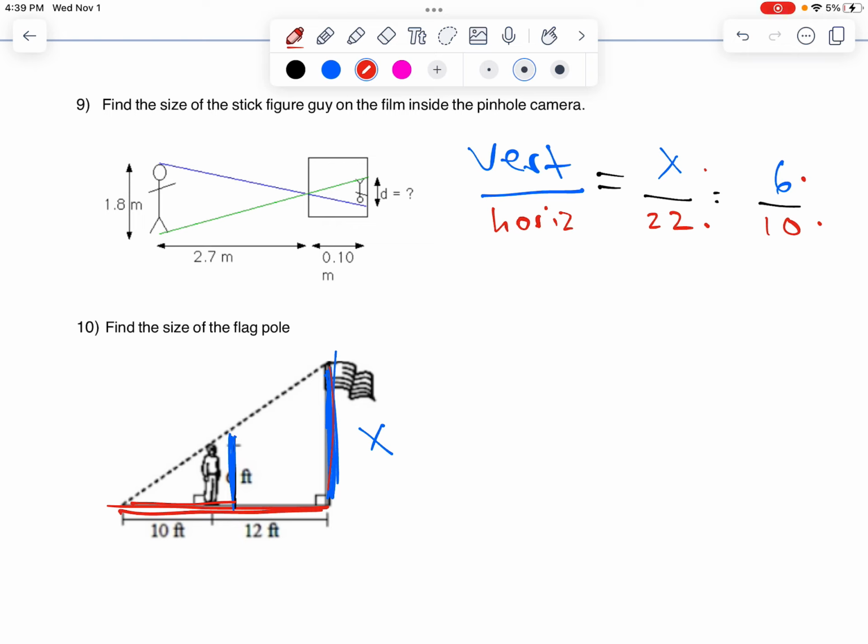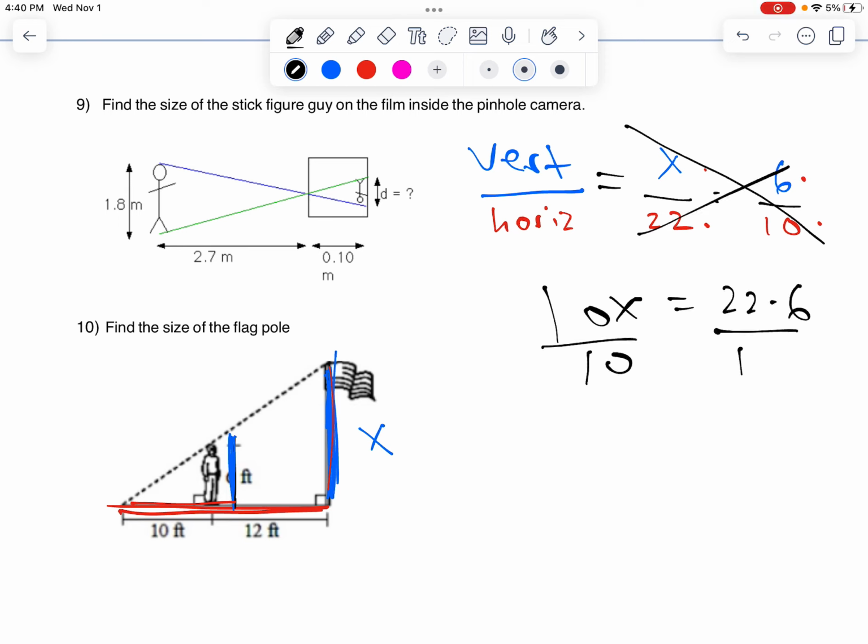The taller one is, the longer one's shadow is going to be. And so a 6-foot person casts a 10-foot shadow, an x-foot person casts a 22-foot shadow. Okay, so cross multiplying, 10x, cross multiply, 22 times 6. Divide by 10, divide by 10, x is equal to some number you're going to put in there.